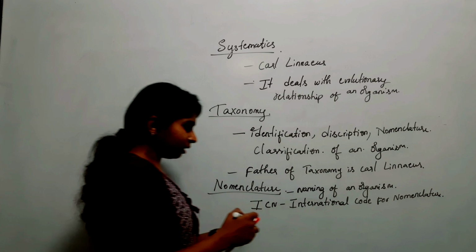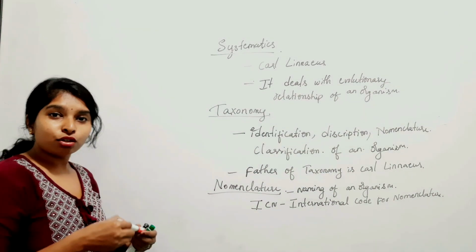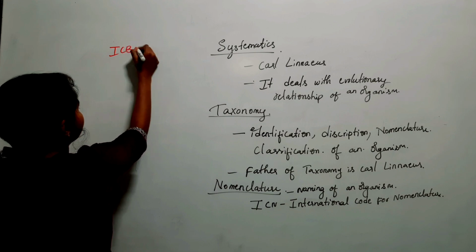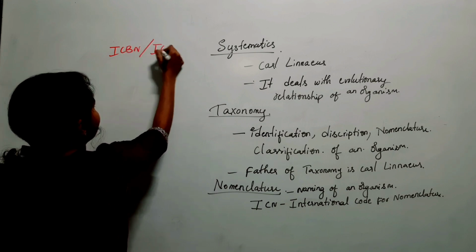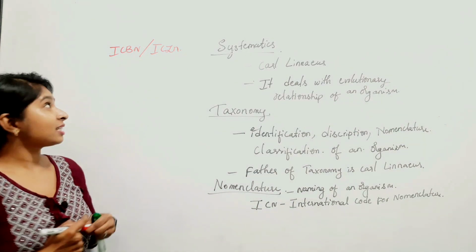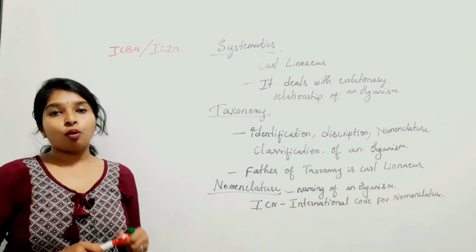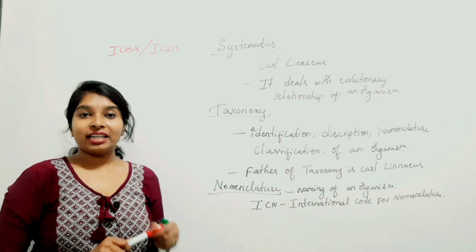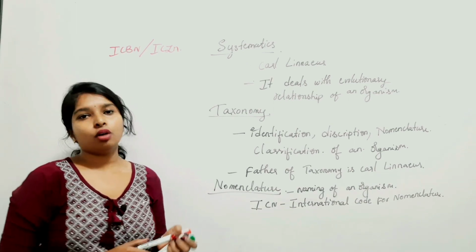This ICN has two separate bodies, ICBN and ICZN. ICBN expands as International Code for Botanical Nomenclature. ICZN stands for International Code for Zoological Nomenclature.